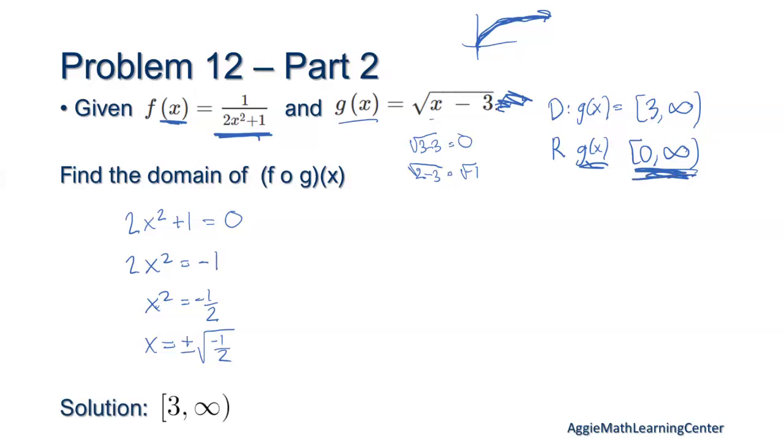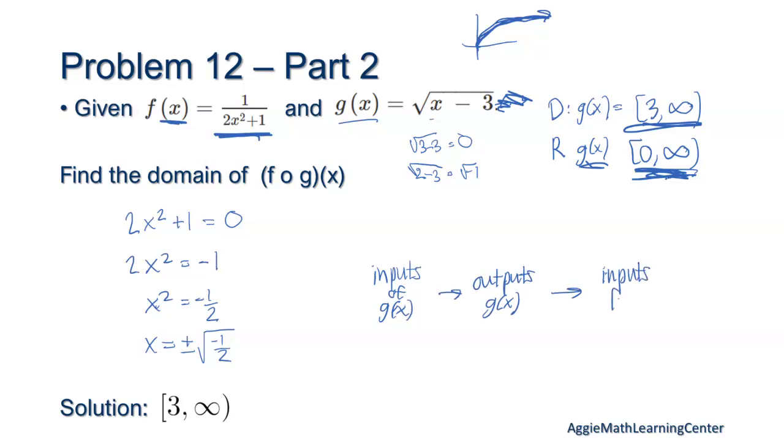The range, all of these numbers are allowed to go into f of x. That means the only input restrictions come from the original function g. So it's like a little machine. Inputs of g of x go into outputs of g of x, which become inputs and outputs of f of x.